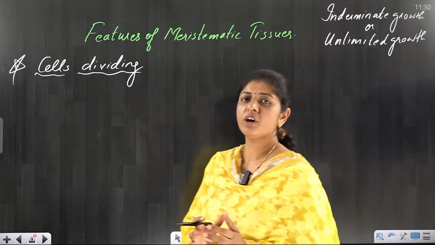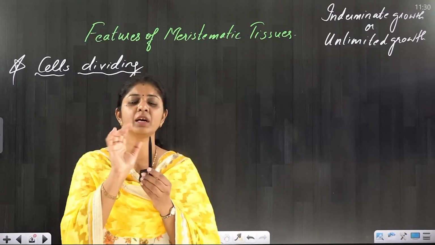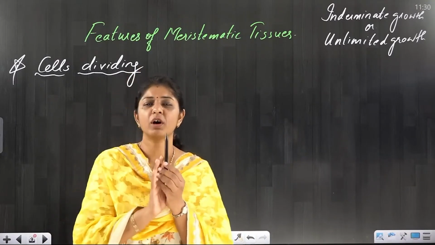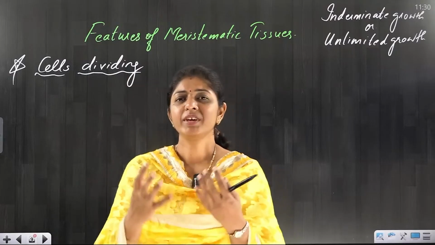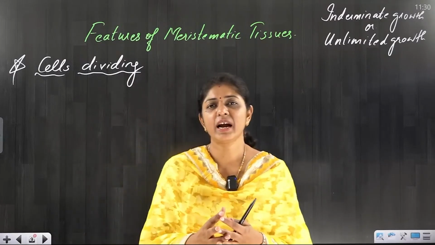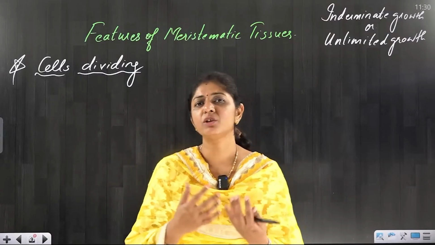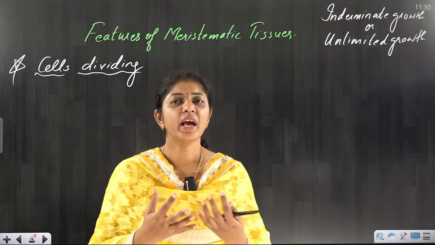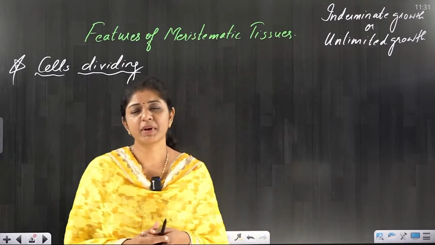But not every organ of a plant shows unlimited growth; overall the plant keeps on growing throughout its life. Why don't animals do so? Why do we have a restricted structure at some particular age? After we become adult, growth will stop. Reason: we don't have this meristematic tissue. But in plants, there is meristematic tissue.